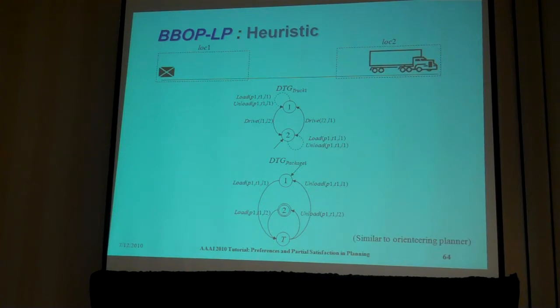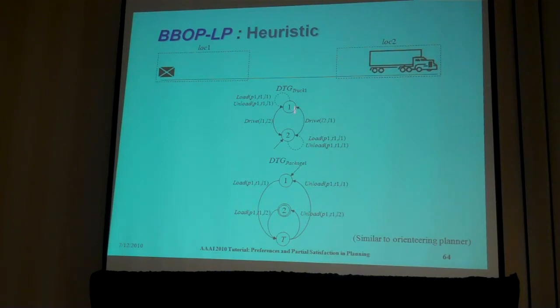The package is at location 1, the truck's at location 2, and I want to bring the package over to location 2. So I have a representation of the location of each truck. I have a representation of the location of the package, and that includes being inside of the truck and at each location.